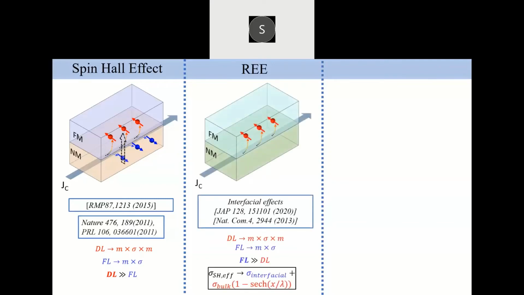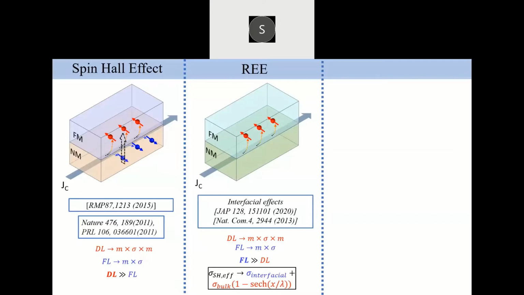In this case, if we pass a charge current, then at the interface of the non-magnet and ferromagnet, spin accumulation occurs, which can in turn produce torque on the ferromagnet. And in this case, the field-like torque is greater than the damping-like torque.